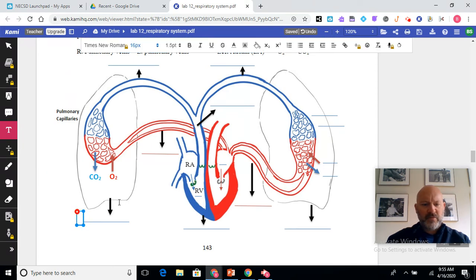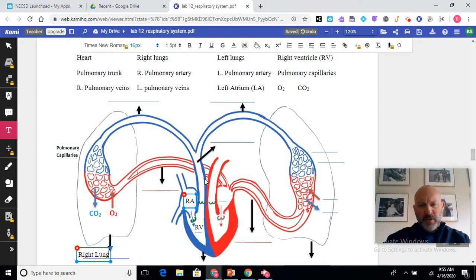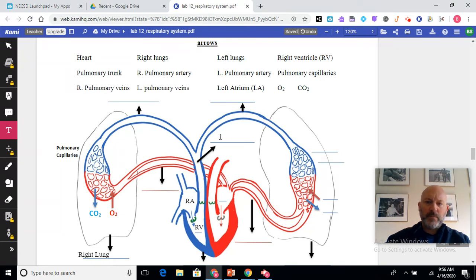All right. What do they want there? Over here, this is our right lung. All right, so the right side of the heart is sending the deoxygenated blood towards the lungs through this blood vessel here. This is going to be our pulmonary artery.